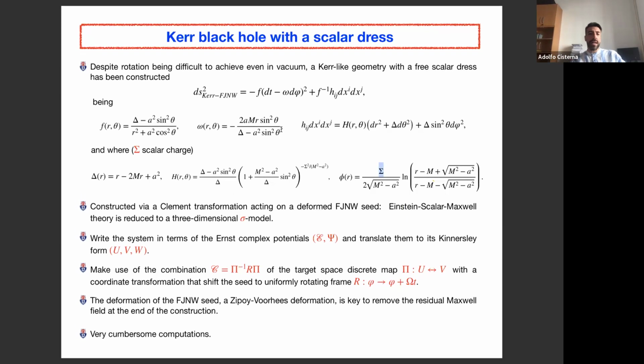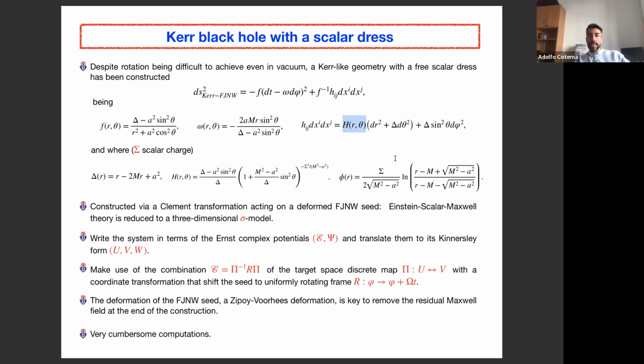So we were wondering, how is it possible that this solution actually exists? We know these symmetries that I am detailing here are very powerful, and you can try to construct them. But it was intriguing that the scalar field always enters this function h that modifies the non-Killing sector of the metric.